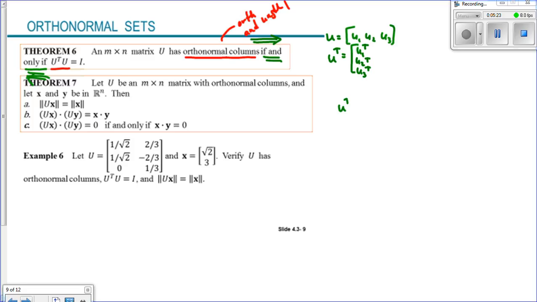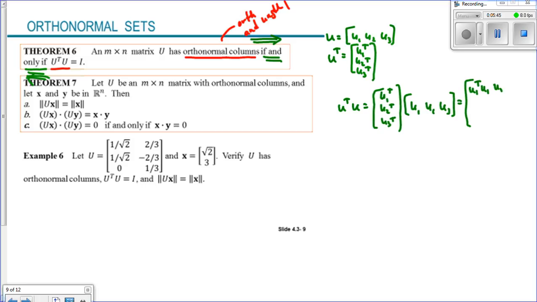So if I take U transpose times U, I know this product will be a 3 by 3, and it'll consist of U1 transpose times U1, U1 transpose times U2, and U1 transpose times U3, and U2 transpose U1, U2 transpose U2, U2 transpose U3, and then U3 transpose U1, U3 transpose U2, and U3 transpose U3.